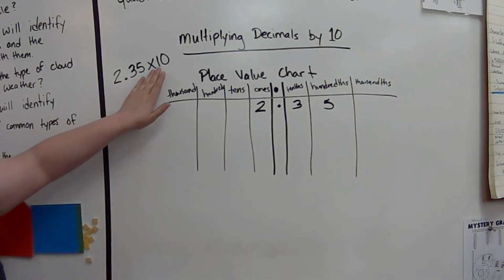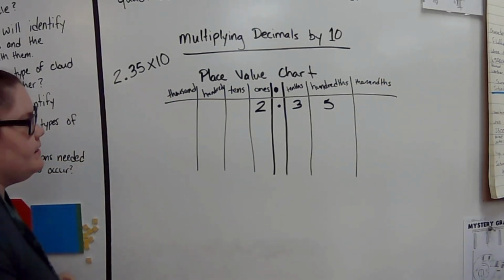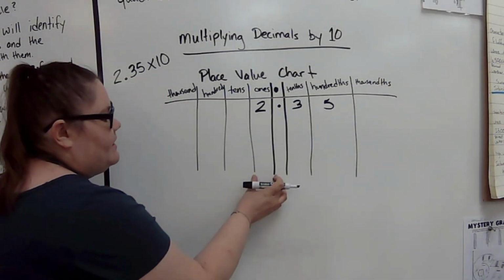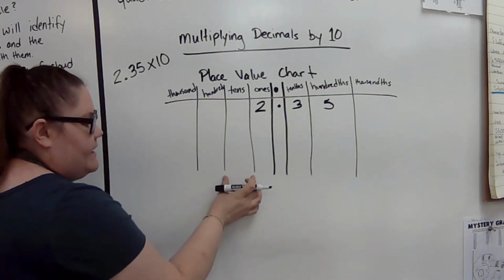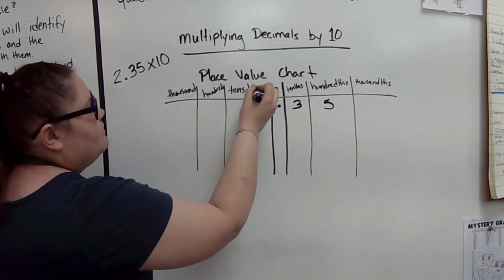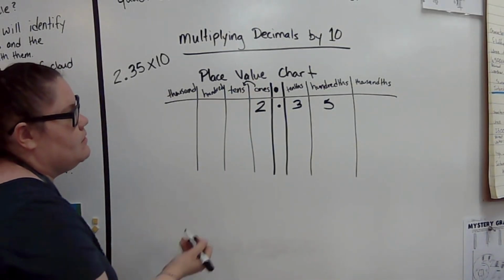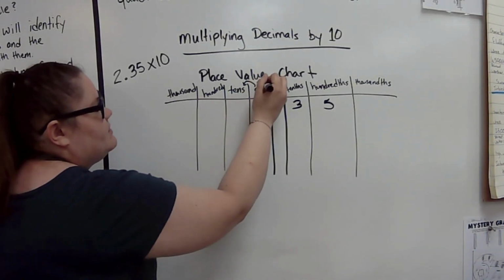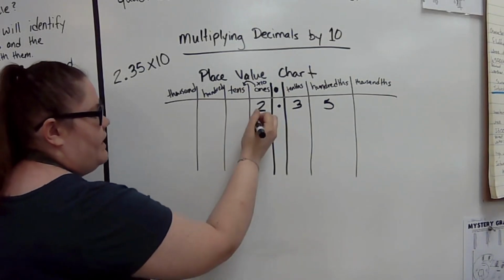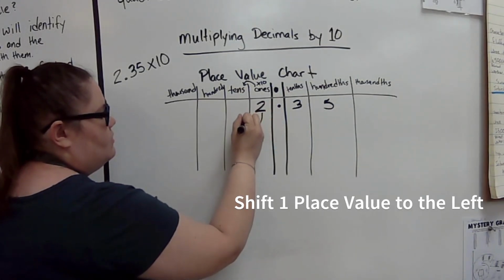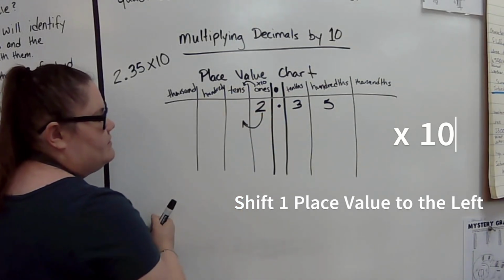I am multiplying by 10, so my value is going to increase. Since I'm only multiplying by 10, and we know that we need 10 pieces to exchange for the next value, I need to move only one place this way. So I need to move my 2 over one place value.